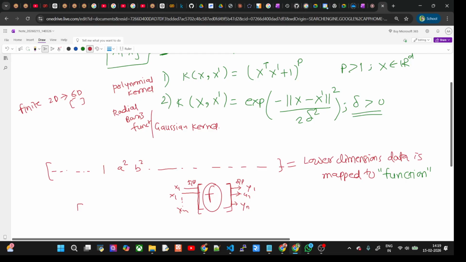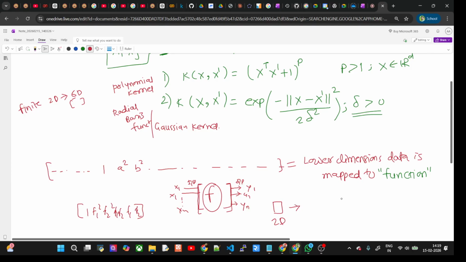For the earlier polynomial case, it said I have a limit: I am having f1 squared, f2 squared, f1 f2, and then f1 and then f2. But here it says, no, I don't have any limit. Whatever input you give, I will give output. So whatever input you have in the lower dimension, you are mapping it to the higher dimension.